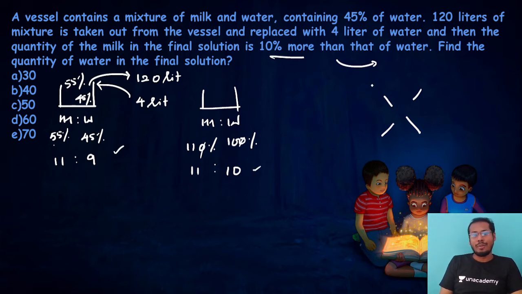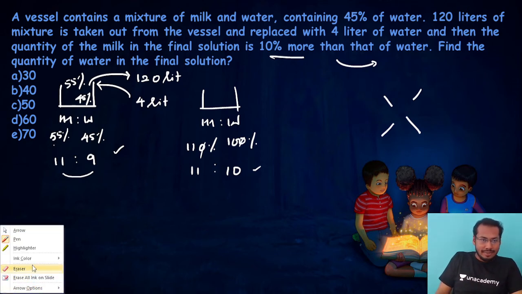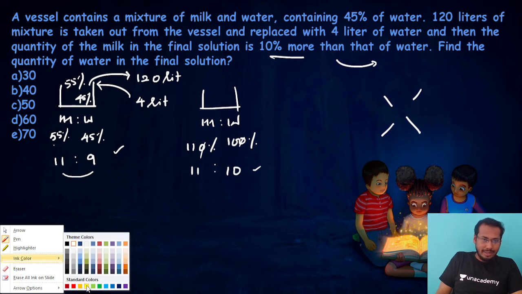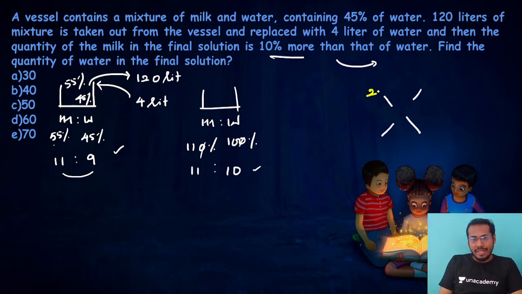Now I'm going to write the totals. See, 11 plus 9 is what? In this vessel, 11 plus 9, 20 parts are there. Let me change the color. I'll explain slowly, please listen. Out of 20 parts, we speak only about milk. Either you speak only about milk or only about water.